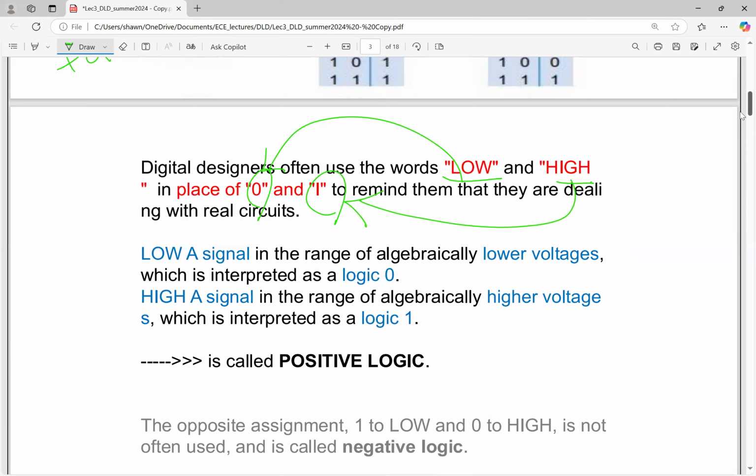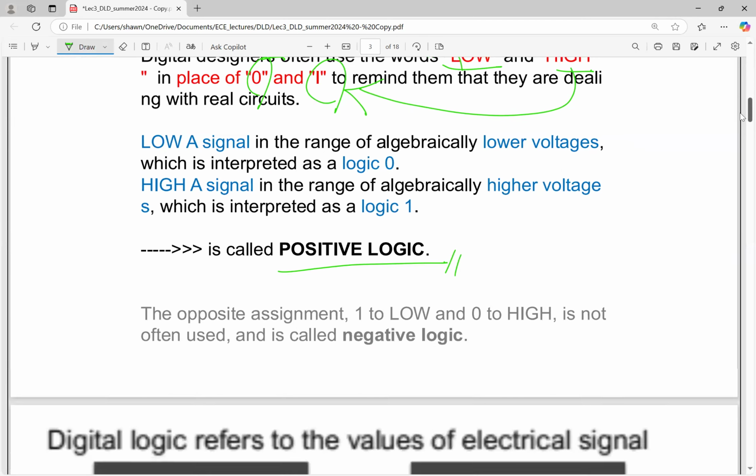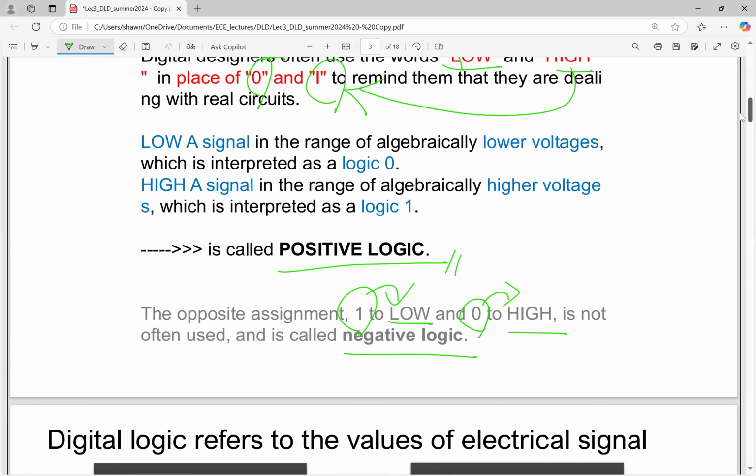This is called positive logic. The opposite expression is called negative logic, where logic value 1 is expressed by the low electric voltage, and logic value 0 is expressed as a high electric voltage.